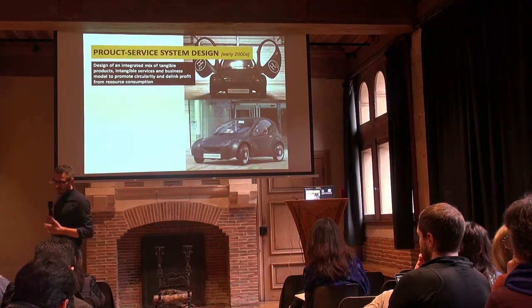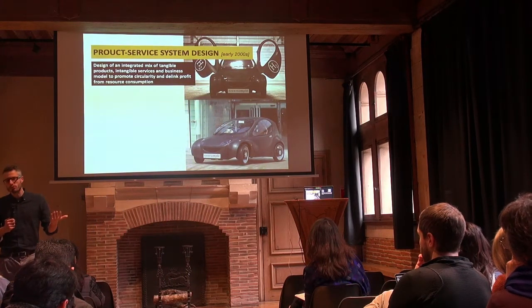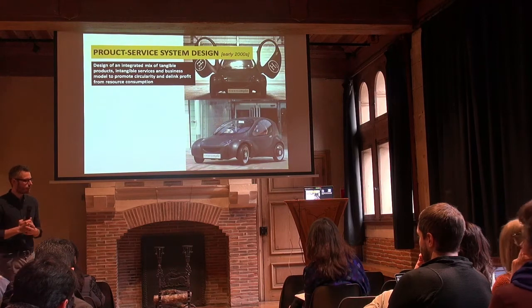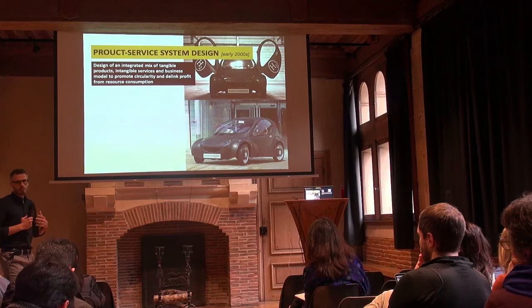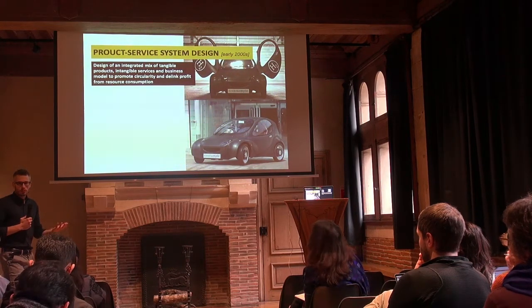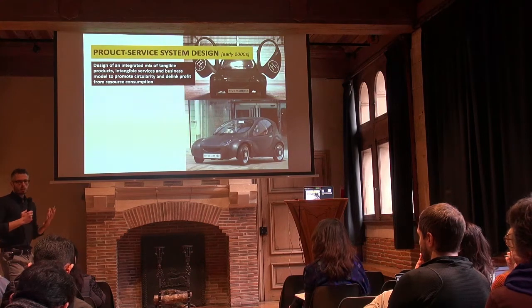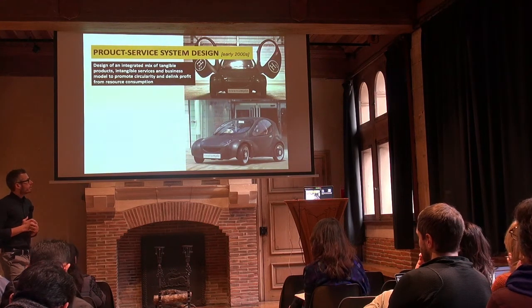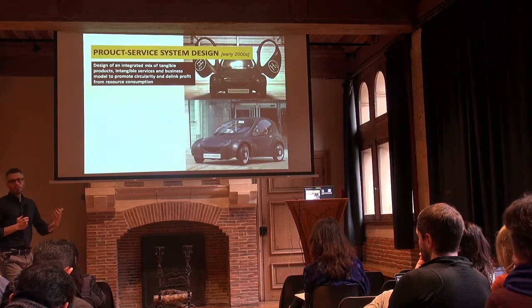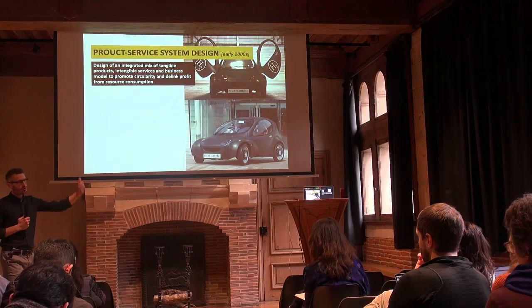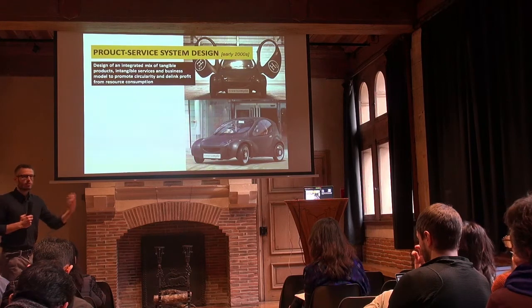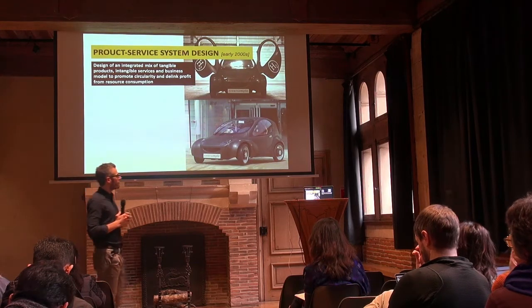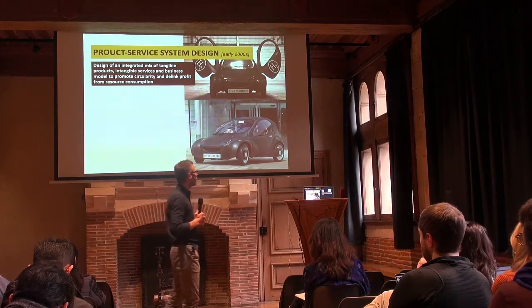So nowadays there are other terms, circular business model, for example, but essentially it's pretty much a concept aligned with product service system. So we are talking about designing combinations of products and services. We are talking about shifting from selling products to selling function and performance. We are talking about shifting from a consumption based on ownership to a consumption based on access and sharing.